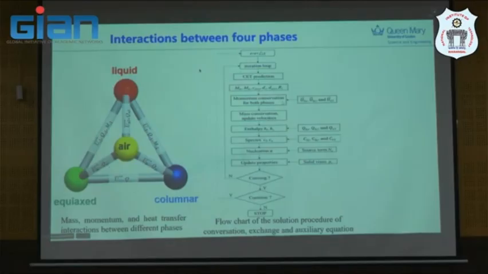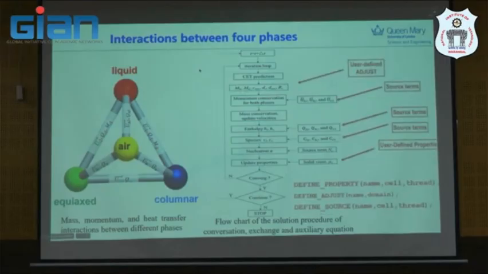Here is the flow chart of the solution for each iteration, including the conservation equations such as this one, and the species equation. The most important variable is the mass transfer rate during the simulation.